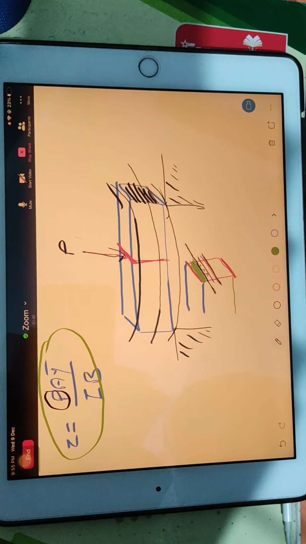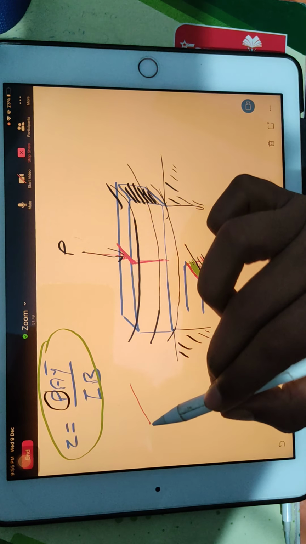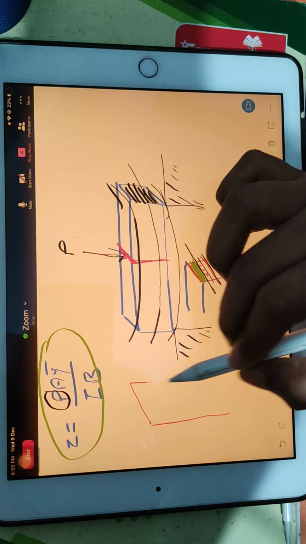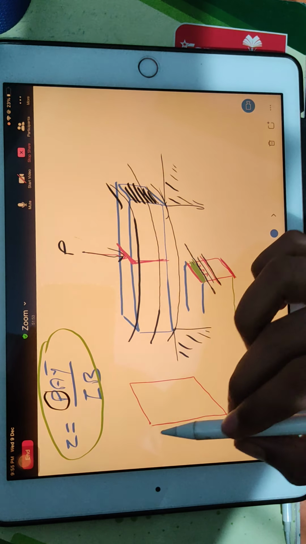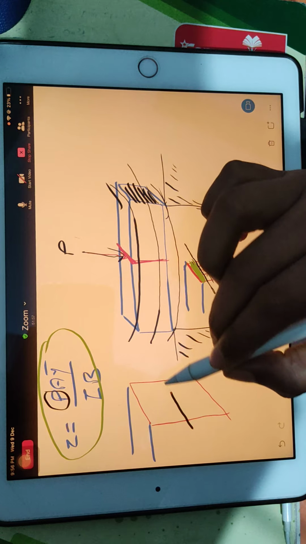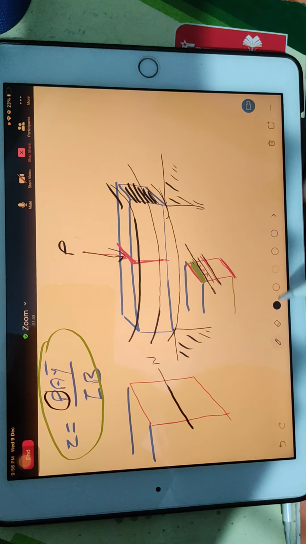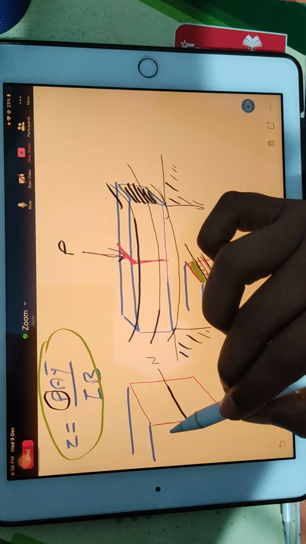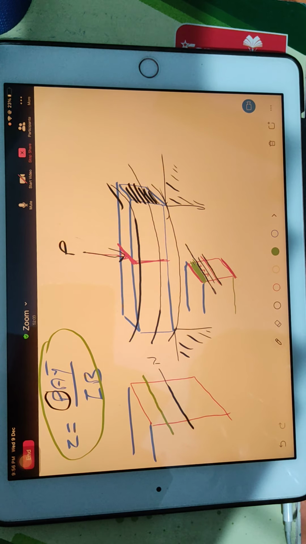Let me draw here. In this red color part I am drawing here, and this is the beam, and here is the neutral axis, and we are trying to find out in this fiber how much shear stress is developed.